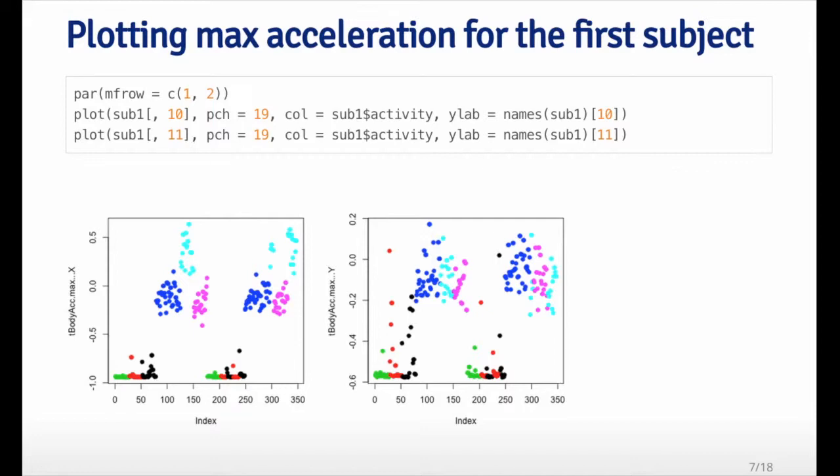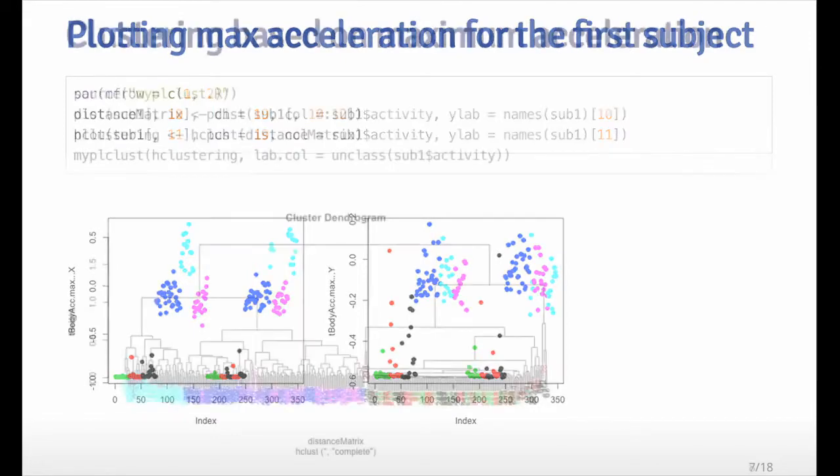And so you can see that, again, for things like laying and standing and sitting, there's not a lot of interesting things going on, but for walking and walking up and walking down, the maximum acceleration shows a lot of variability. So that may be a predictor of those kinds of activities, or at least of separating not moving from moving, which might be kind of obvious in retrospect.